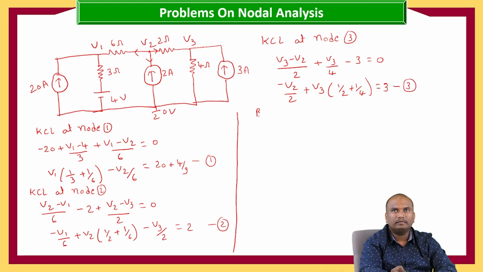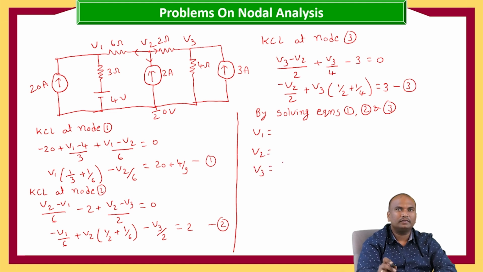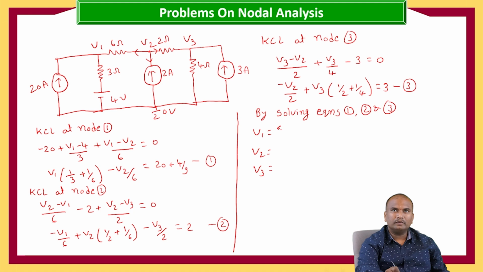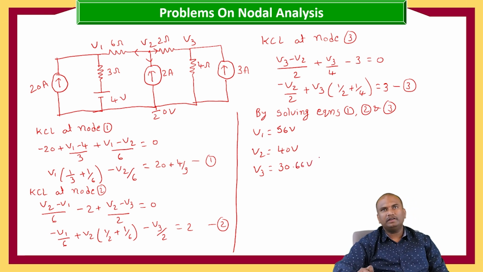By solving equations 1, 2 and 3, you get the V1, V2 and V3 values: 56 volts, 40 volts, 30.66 volts.